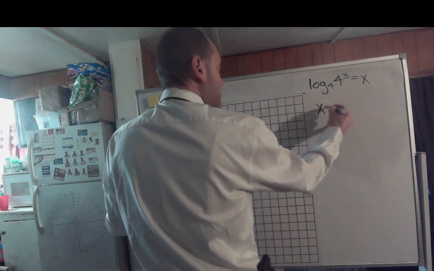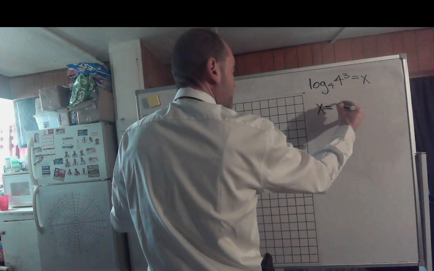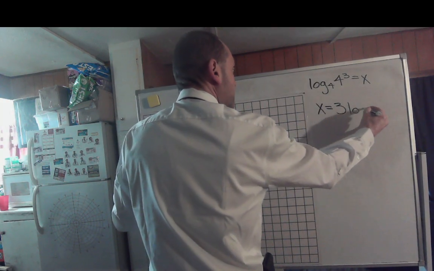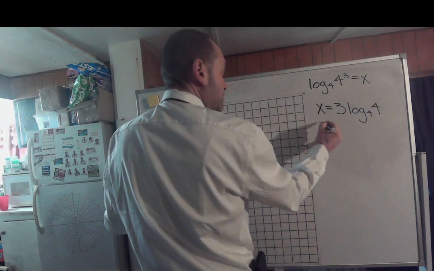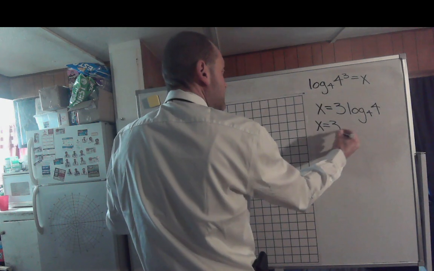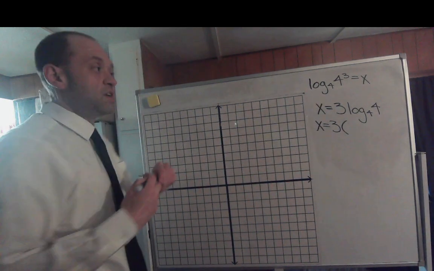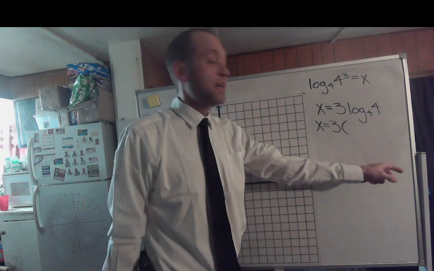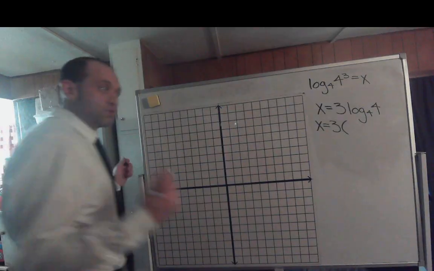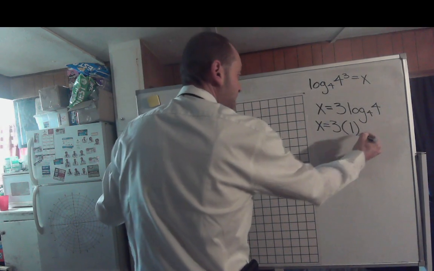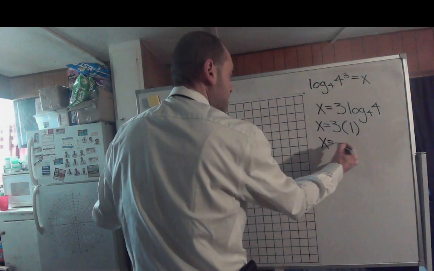So x equals 3 times log base 4 of 4. What is log base 4 of 4? That's saying 4 to what power equals 4? That's going to be 1, right? So this would be 3 times 1, meaning that x equals 3.